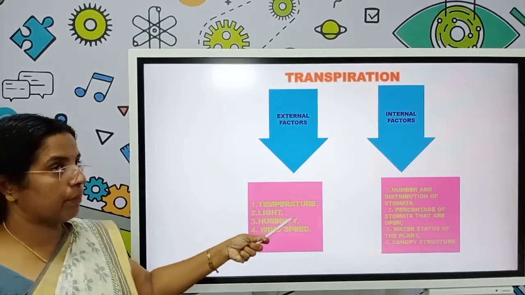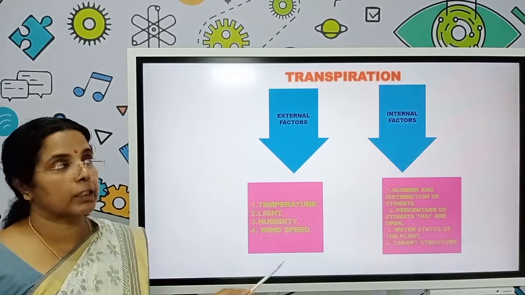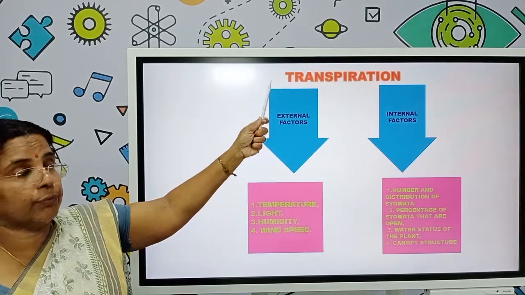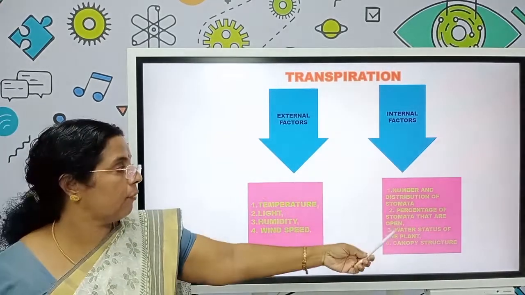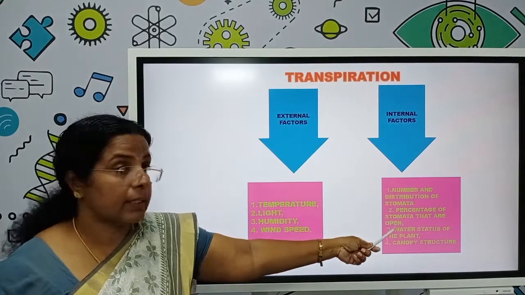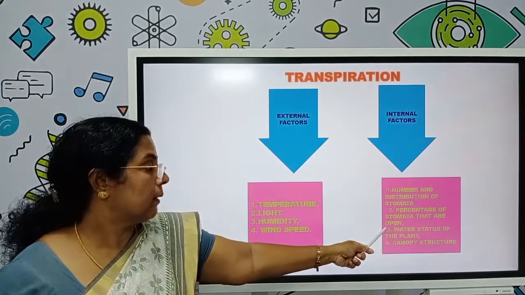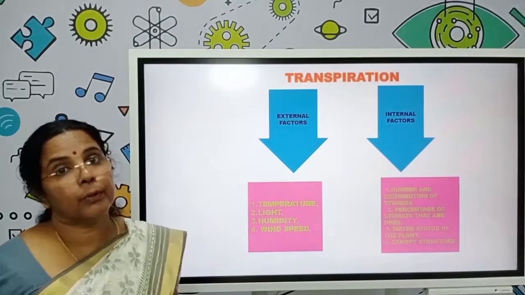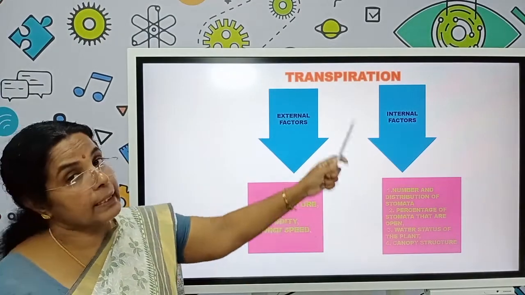External factors are temperature, light, humidity and wind speed. These control the rate of transpiration. Whereas the internal factors are the number and distribution of stomata, the percentage of stomata that are open, the water status of the plant and canopy structure.